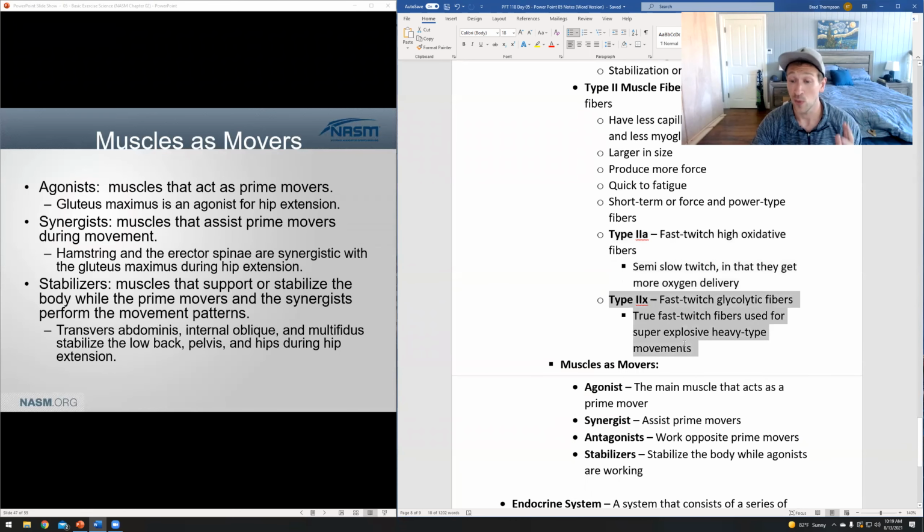And then there's type 2X, which is the true fast twitch fibers. These are super explosive, and then they need to take a 20-year nap. You look at Olympic sprinter training. It's so funny. Their workouts will literally be sprint for 9-10 seconds, and then recover for 8 or 9 minutes, and then do a second rep afterwards.